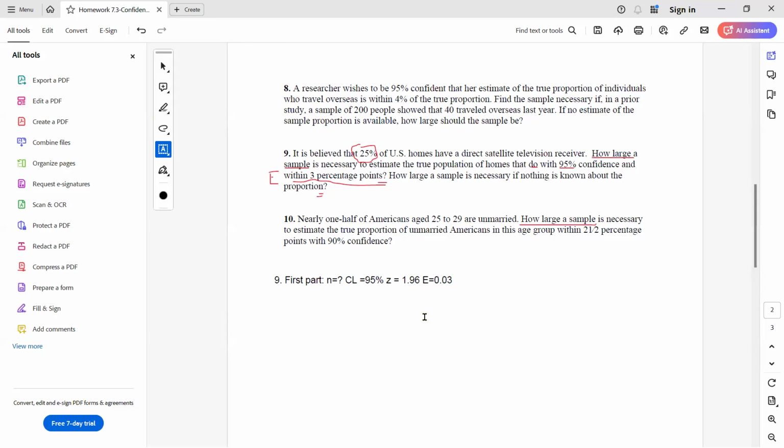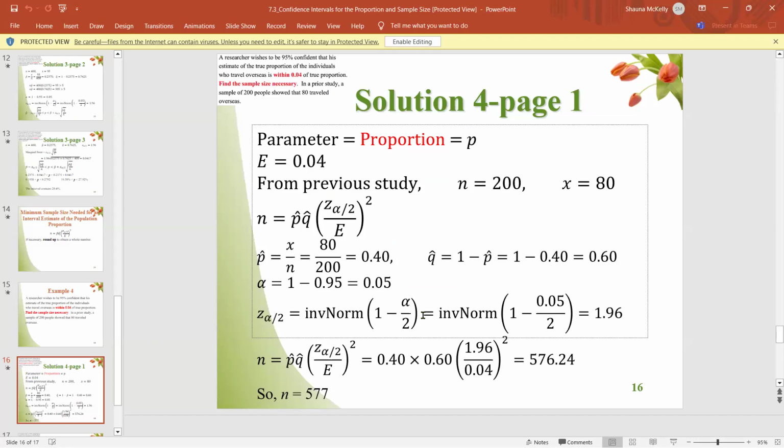formula here. This is my formula. P hat, Q hat, Z alpha over 2 over E squared. So in our case, this is going to be not these numbers. It's going to be, if you remember for our example, 0.25, and I'll put this back on the calculator screen in a minute.